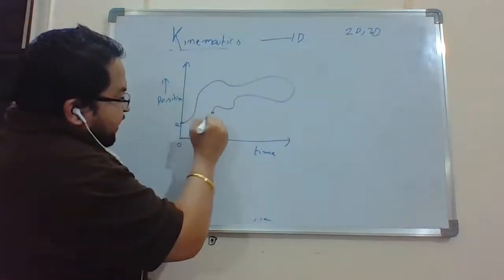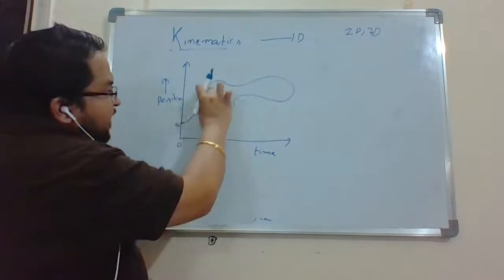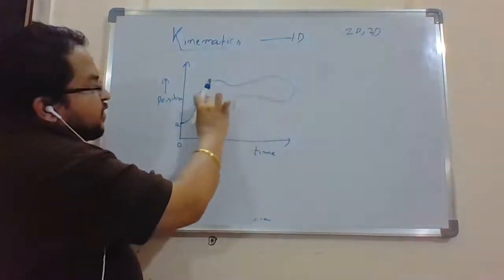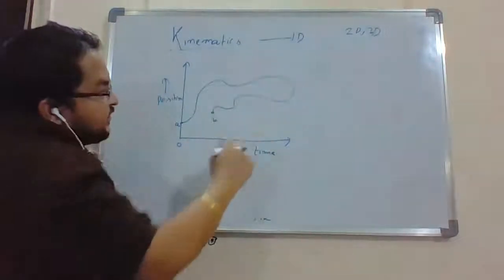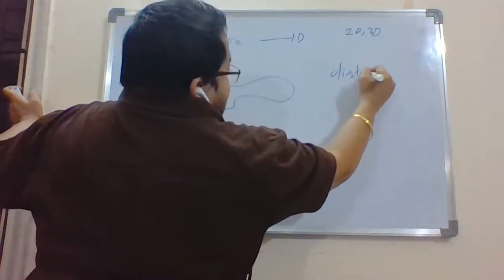It started from A and sat at B. Students, this entire length that this bird has covered in this entire journey, in physics is called distance.